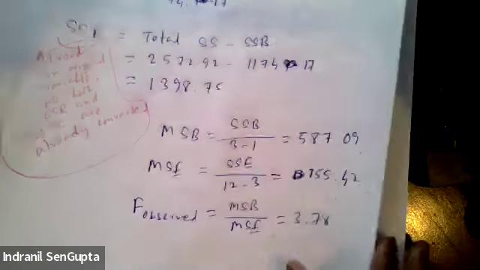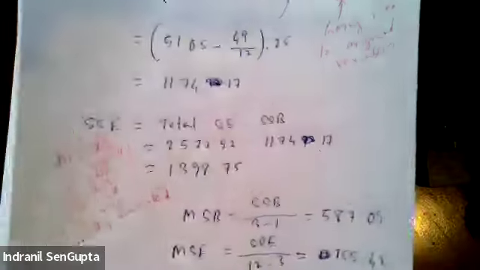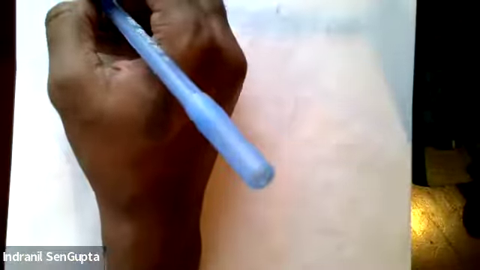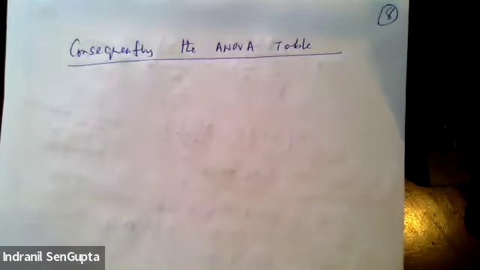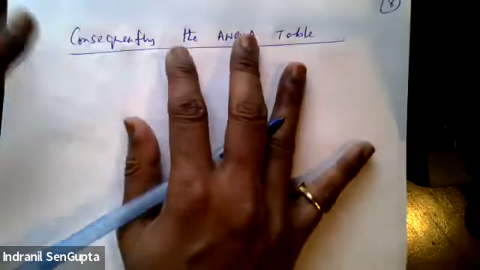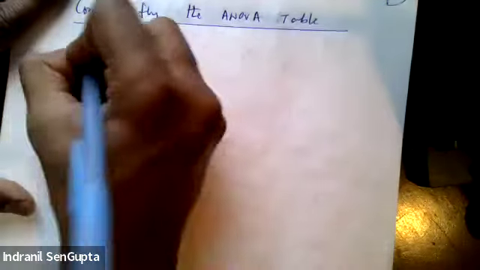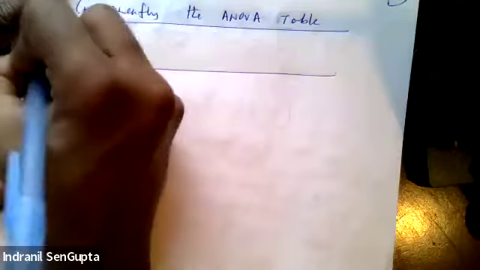And now I can write this in a nice table and we are done. So the ANOVA table looks like the following. Now we have all the information.